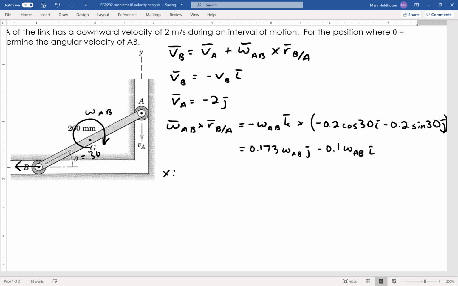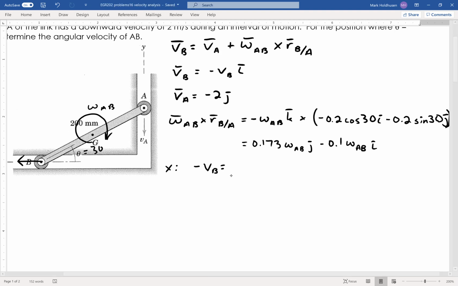So in the x direction, I have negative VB. VA has nothing in the i direction, so that simply equals negative 0.1 omega AB in the i direction.